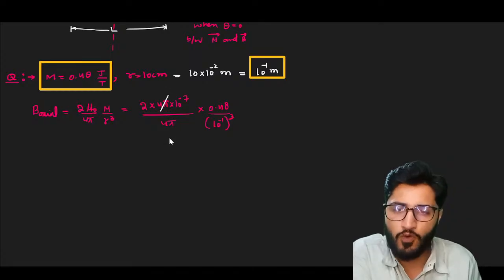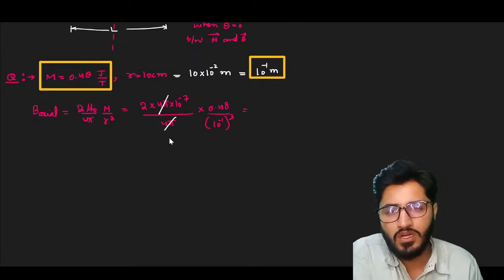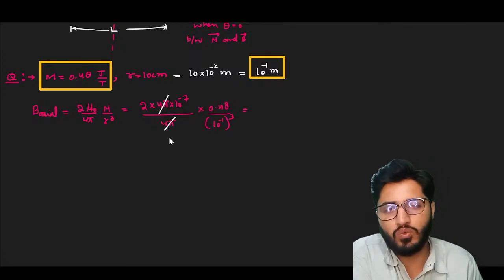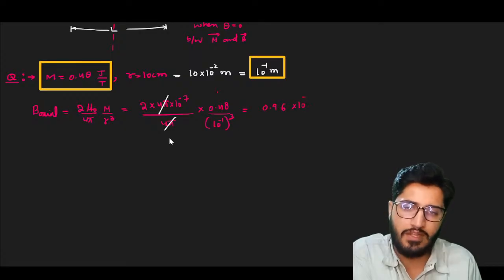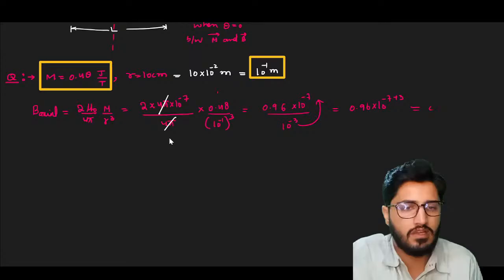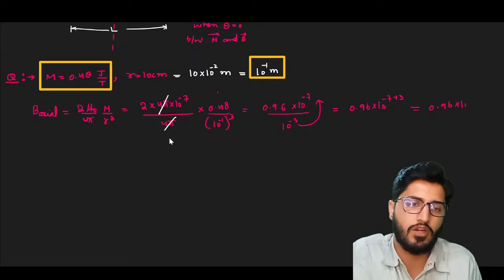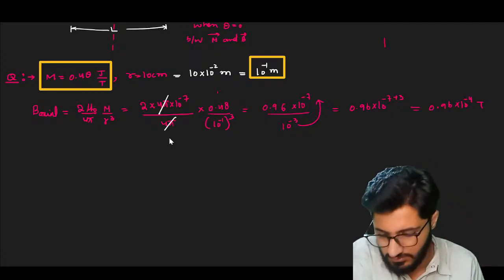The 4 pi cancels out, so we have 0.48 multiplied by 2, which is 0.96, times 10 to the power minus 7 divided by 10 to the power minus 3. Taking this up, it becomes positive, so 10 to the power minus 7 plus 3, which ultimately becomes 0.96 times 10 to the power minus 4 Tesla.